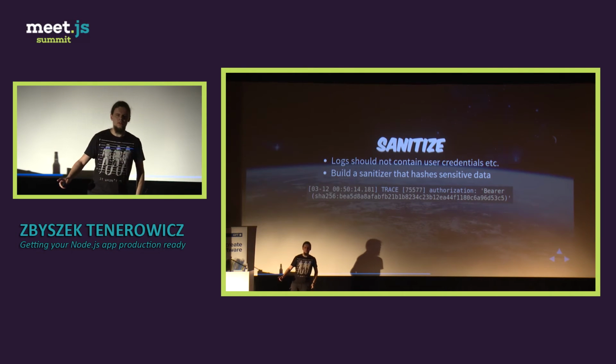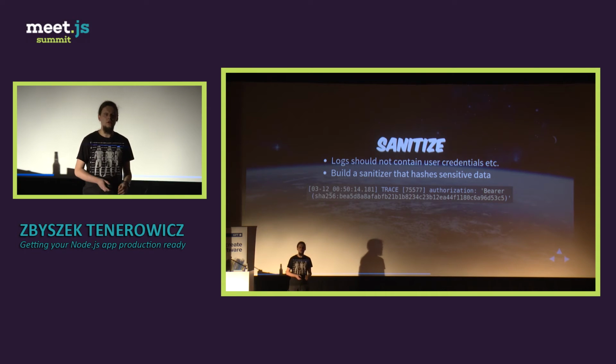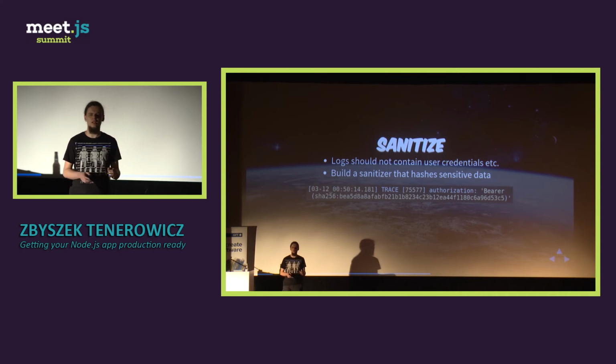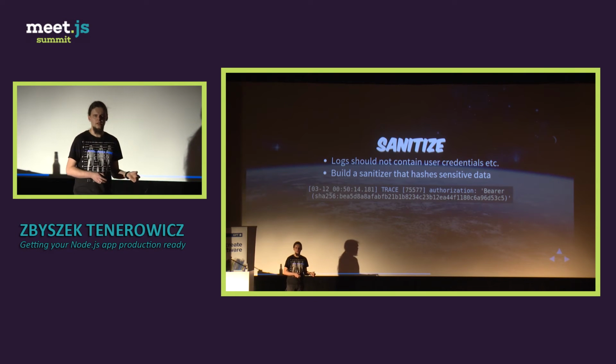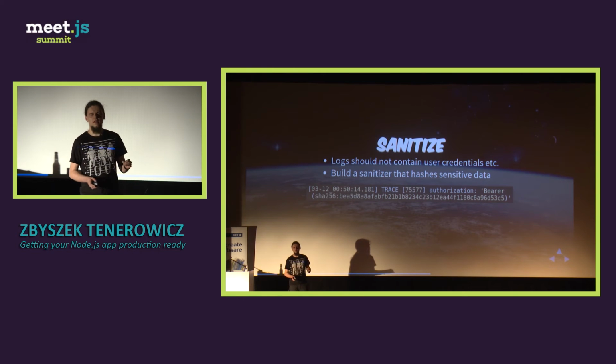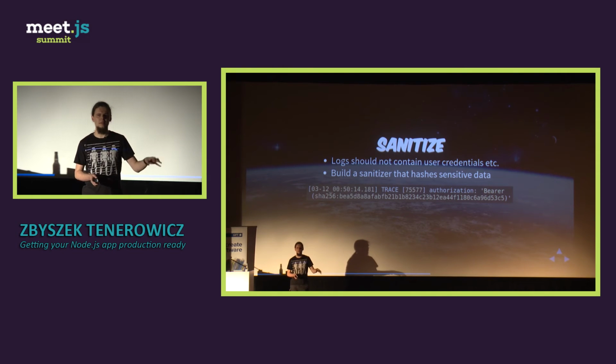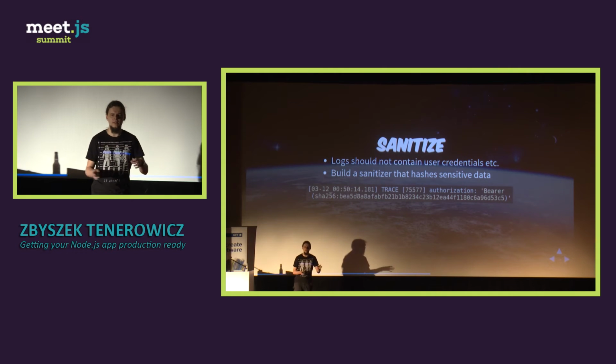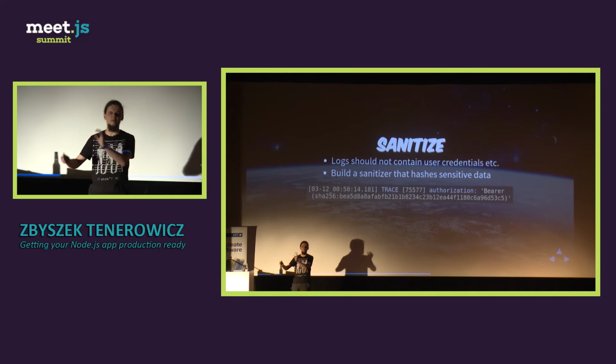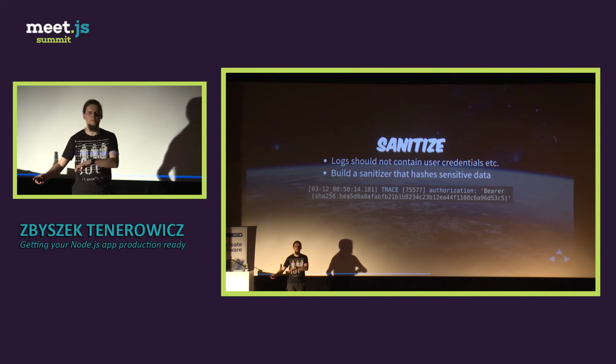And last thing about logs, if you log credentials, and you will probably log credentials accidentally, so don't assume you don't log credentials. You have to have a tool that will make sure your credentials, or actually your user's credentials, are not stored in your logs in plain text, because you use the whole bcrypt thing and you spend some CPU power on encrypting them, putting them in safe places, storing them in a DB outside of your server, and then you log them to a plain text file.